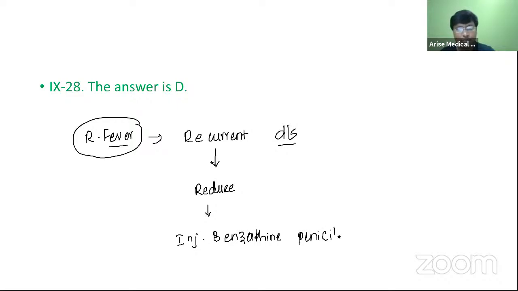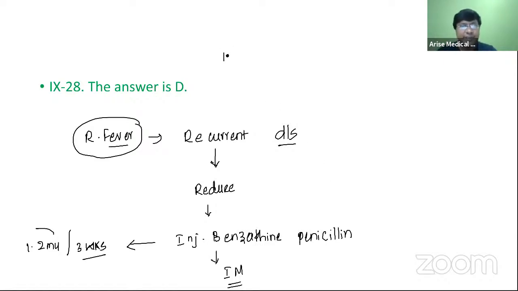Okay. Now, what is the dosage of this injection benzathine penicillin? The dosage is 1.2 million units, and you have to give it every 3 weeks, by the intramuscular route of administration.